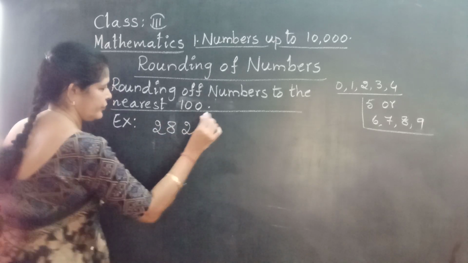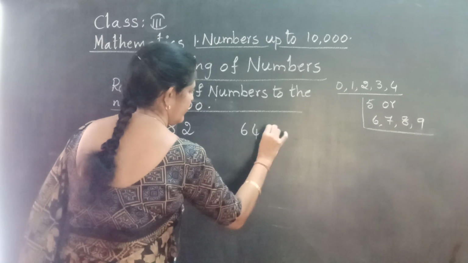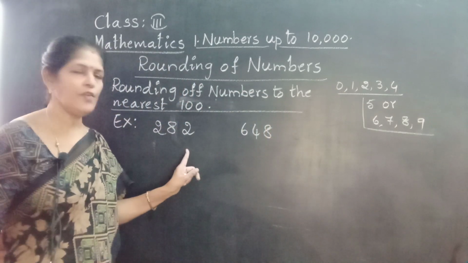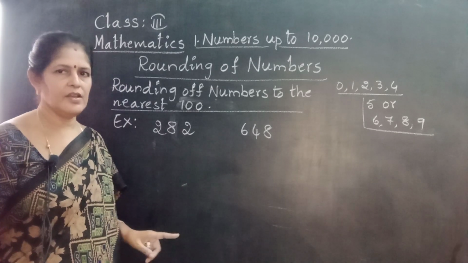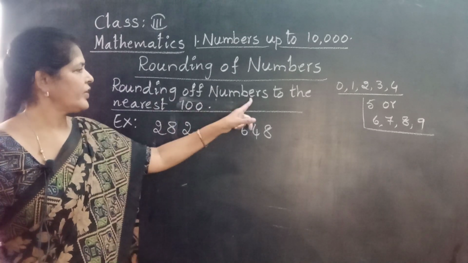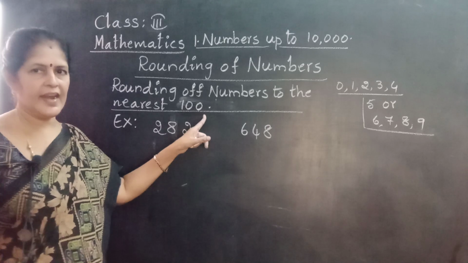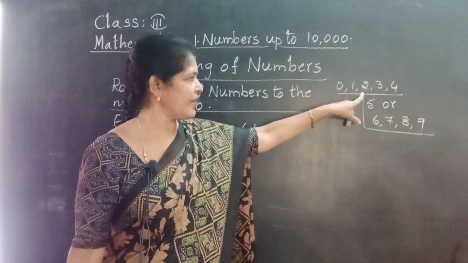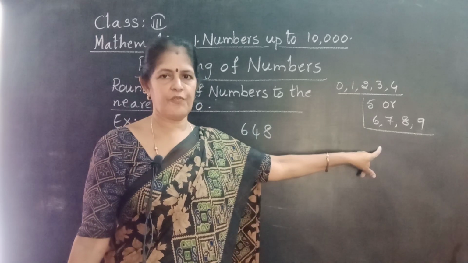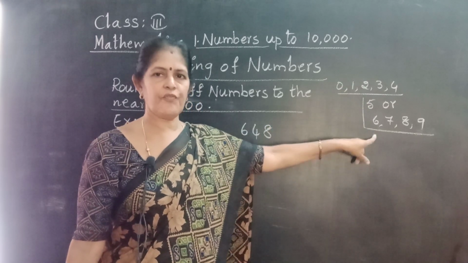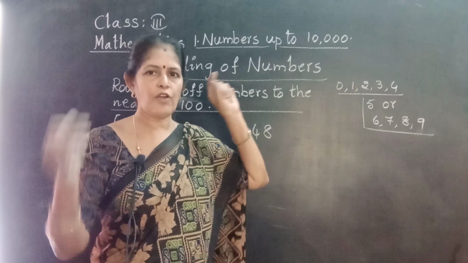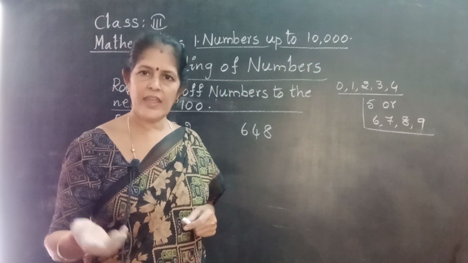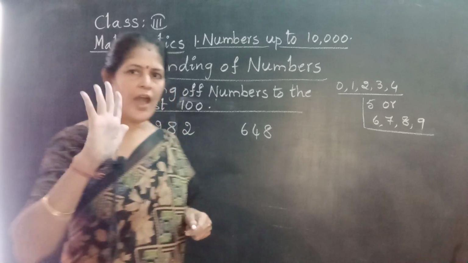282 and 648. See, for hundreds that's why we take 3-digit numbers. For rounding of numbers to the nearest 100, we follow the same rules. Less than 5, or 5 or greater than 5. You have to keep these two rules in mind.